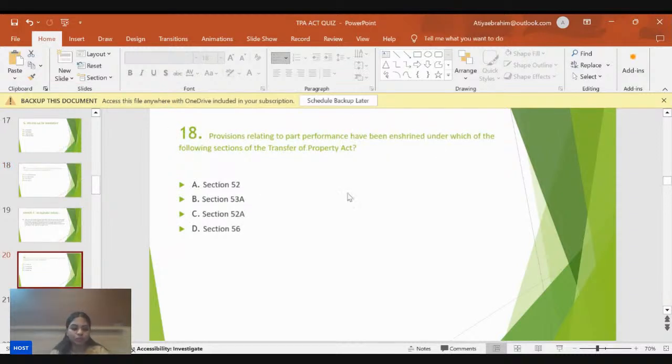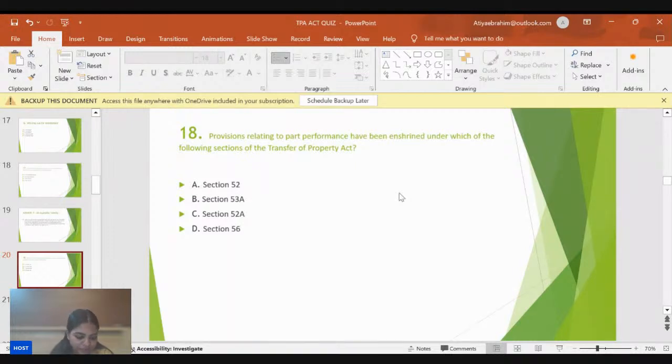Come to question 18. Provisions relating to part performance have been enshrined under which section? Very easy question. Which section of TP Act tells about part performance? Right. The correct answer to 17 is A, right, Priyanka? Yes.